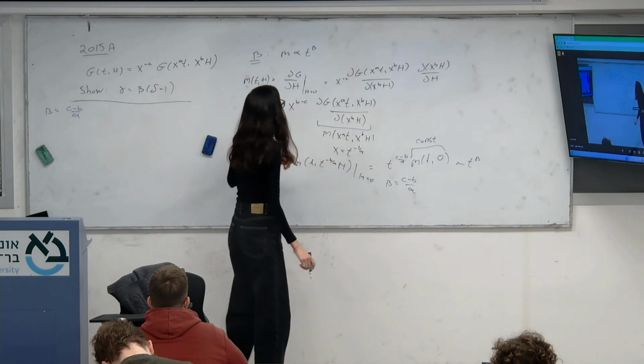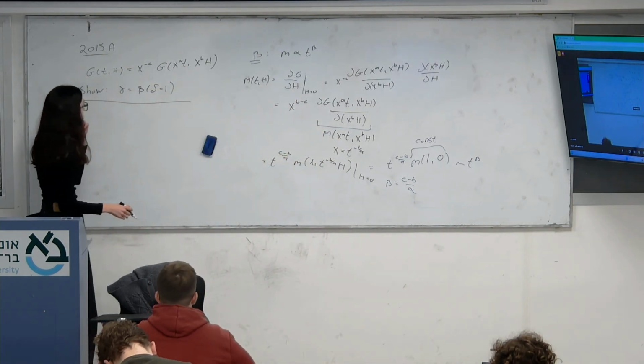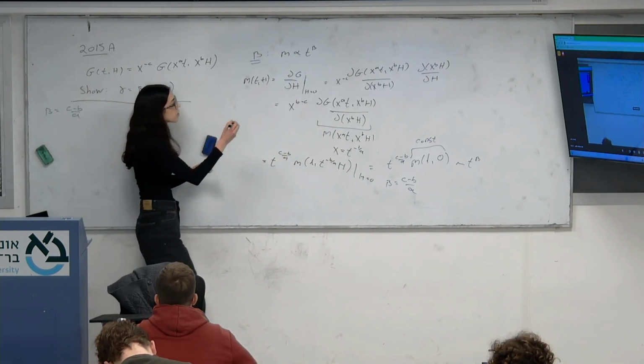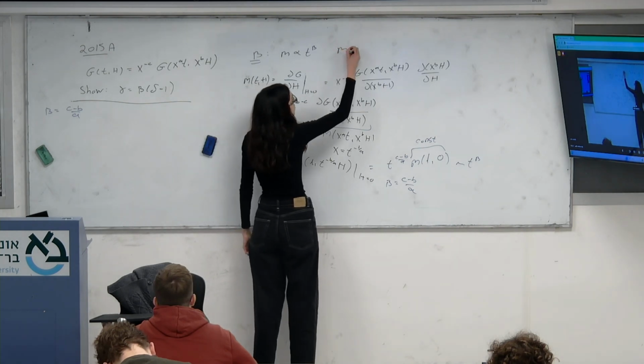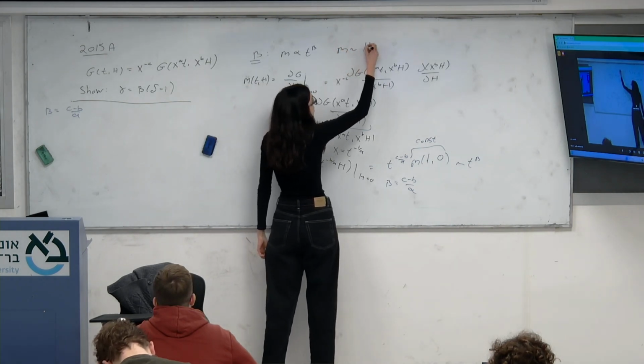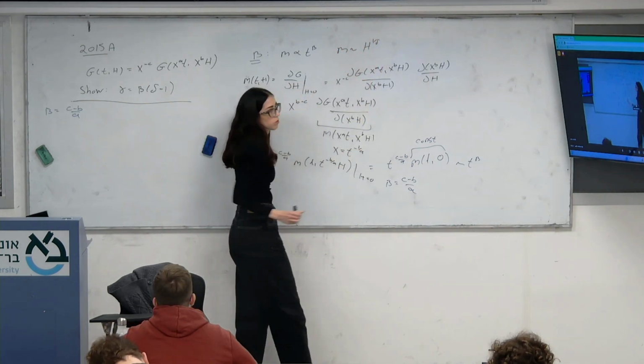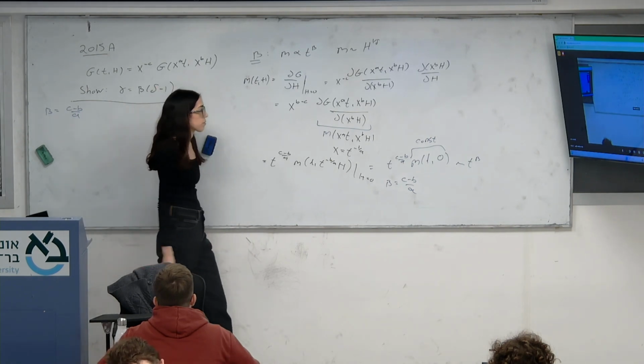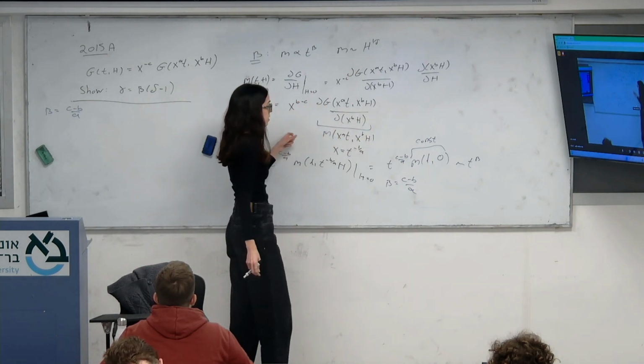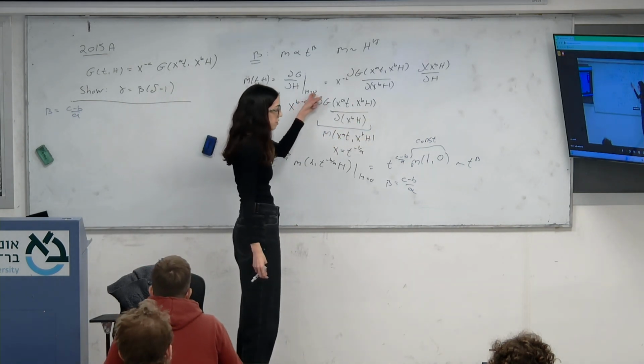So now we need to do the same thing to find delta. So for delta we have the exponent of the magnetic field. So we need to do a similar derivation, but take now t equals 0.